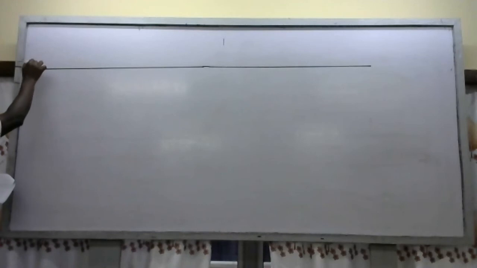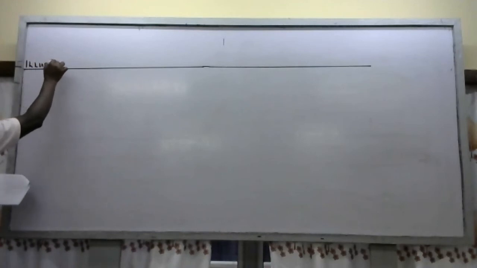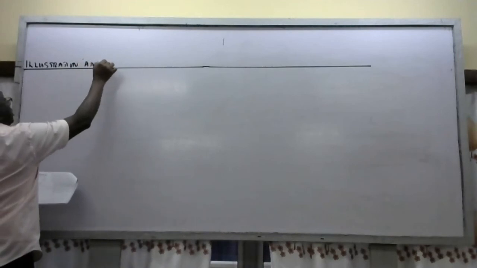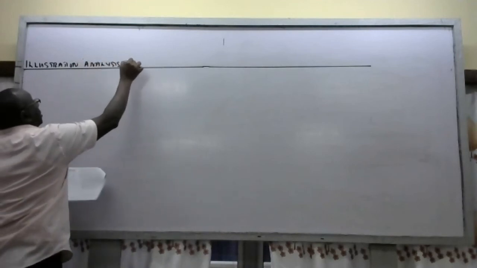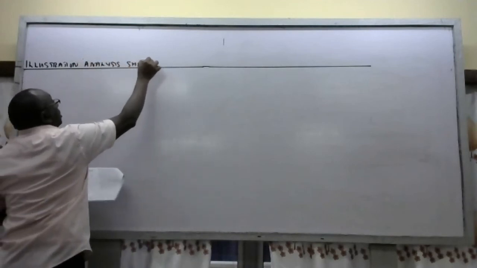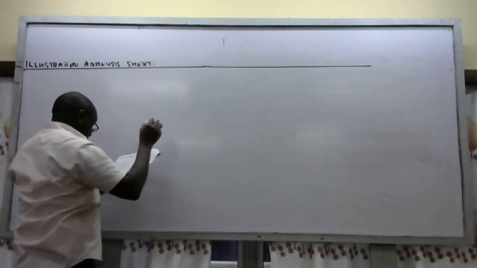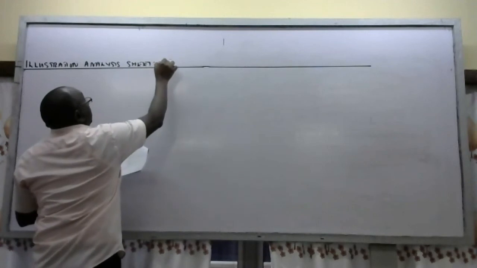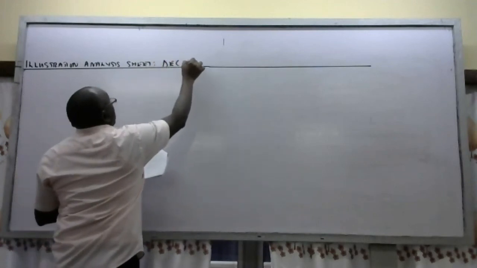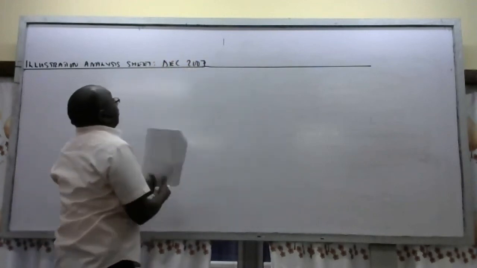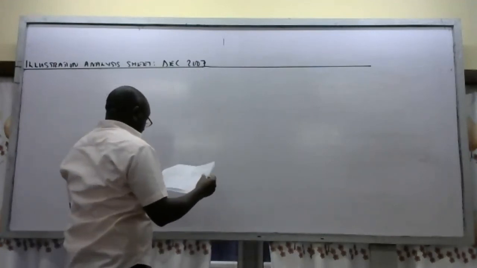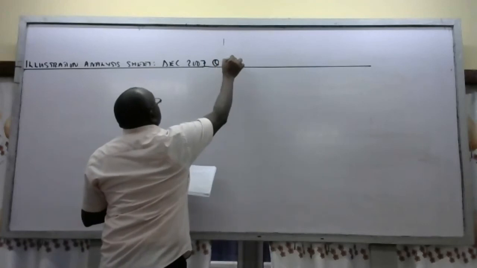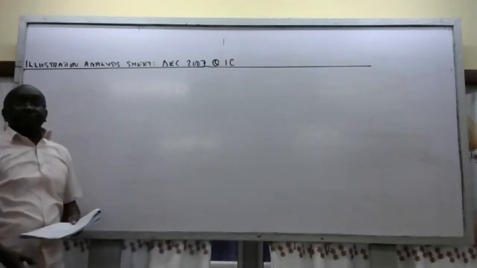So, illustration, analysis sheet, and this question was tested in December 2007 as question 1C.